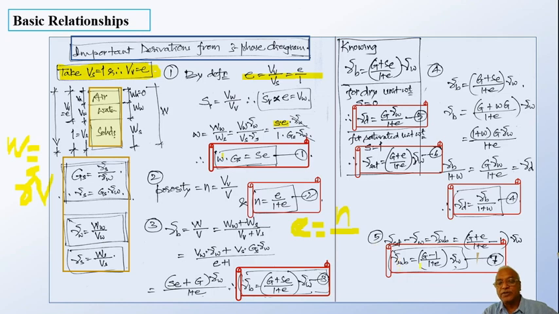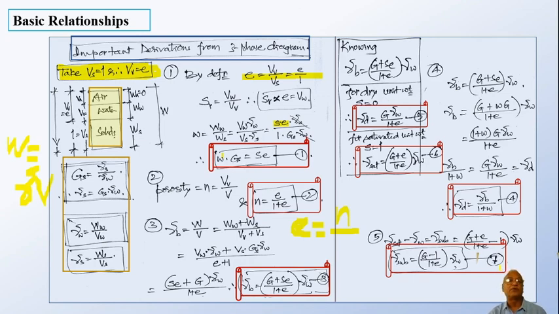Then gamma submerged is equal to gamma saturated minus gamma W, we know. Gamma saturated is already proved, G plus e divided by 1 plus e into gamma W minus gamma W. If we take gamma W outside and try to simplify, gamma submerged becomes G minus 1 divided by 1 plus e into gamma W.